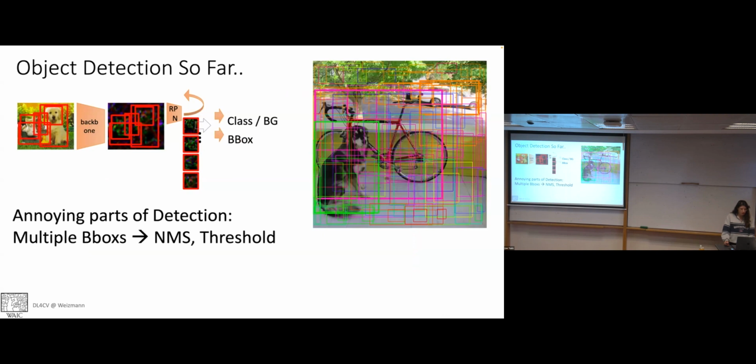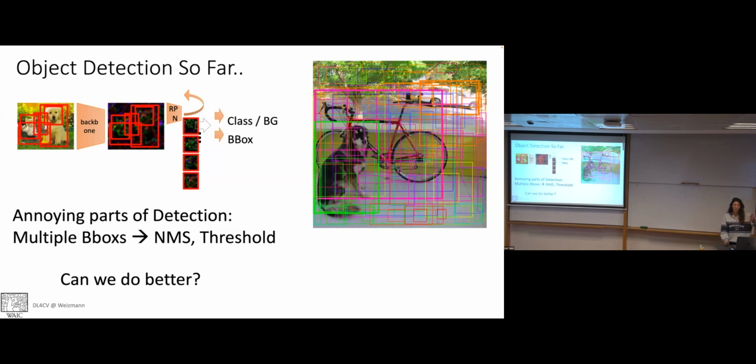But the annoying part of doing detection, the downside, is that you're going to have multiple bounding boxes, and then you need to threshold. It also exists in Faster R-CNN, where you need to predict from all of the suggested bounding boxes which one fits best. Even with the faster option of YOLO, you still need to detect multiple boxes, and then threshold them.